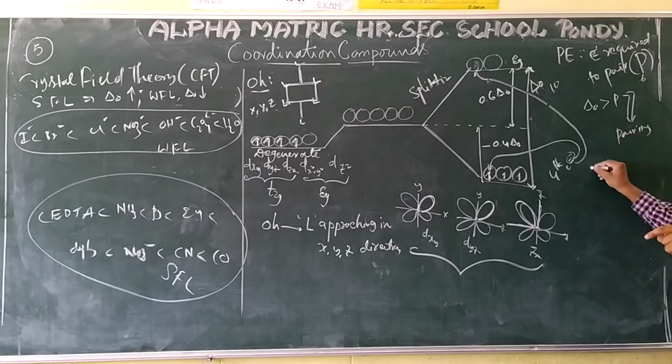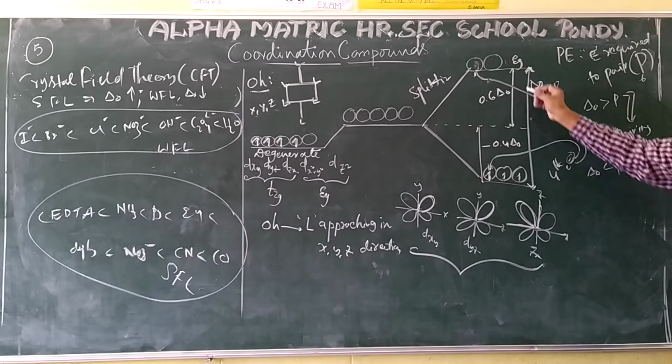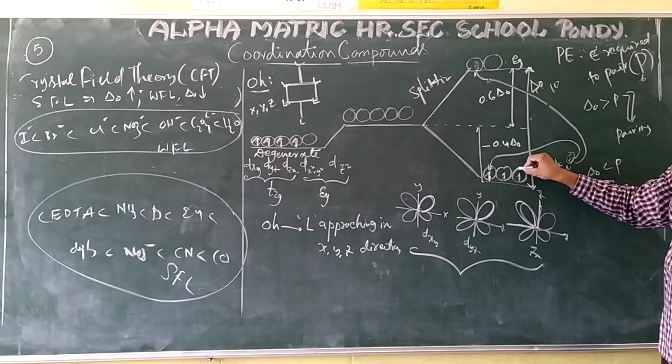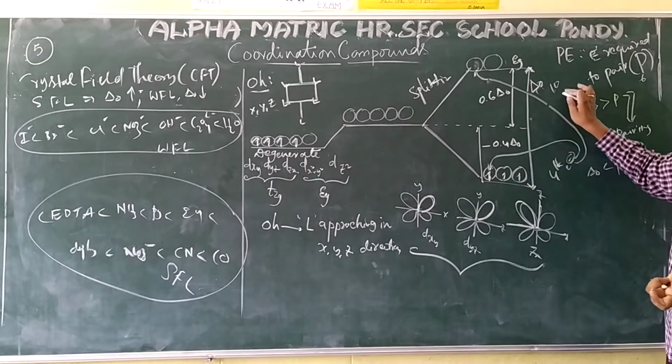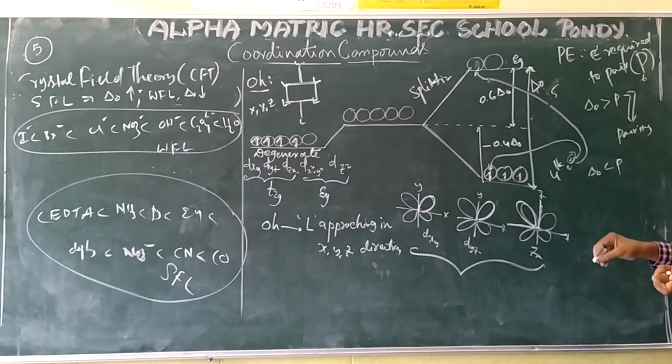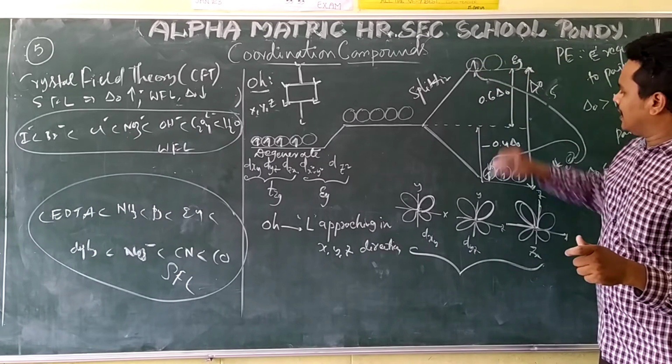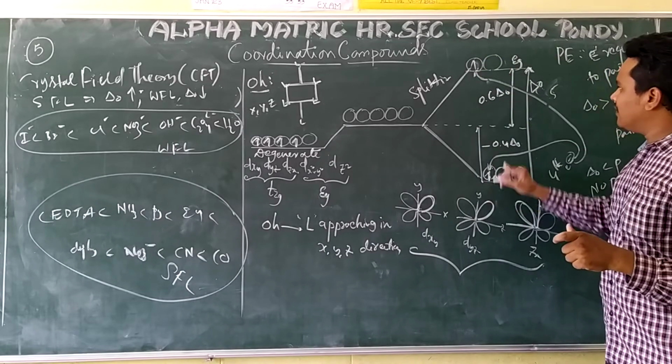If delta naught is less than pairing energy, say only 5 is released, but I need 6 calories of energy to pair up, at that time the energy is not there. How can it pair? It is not going to pair. Directly it will go here.